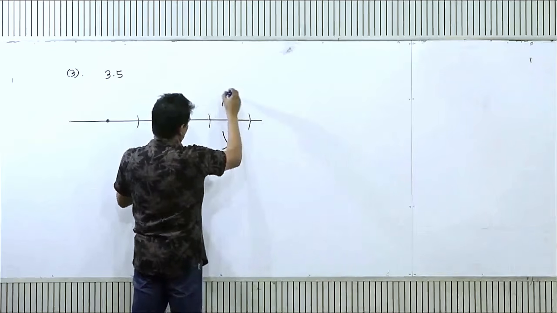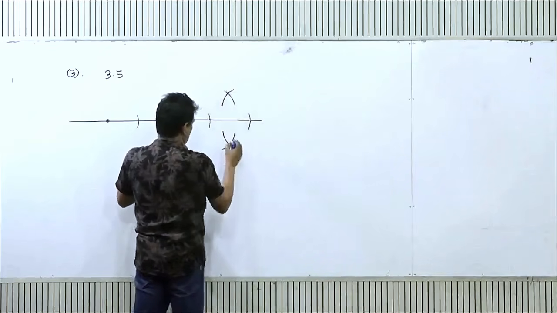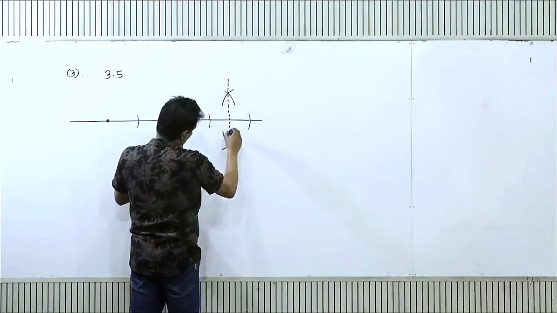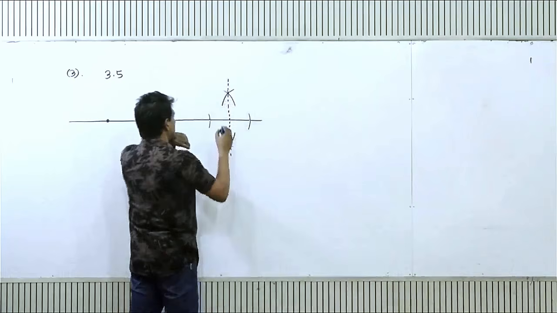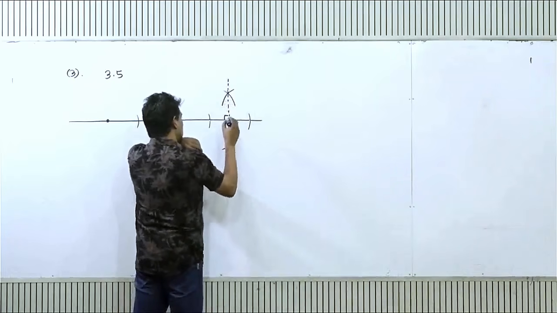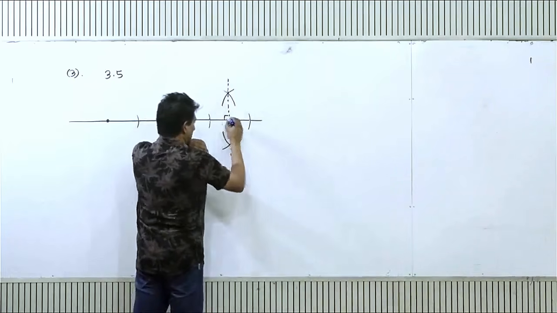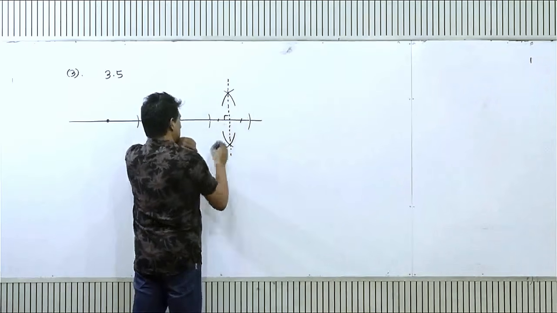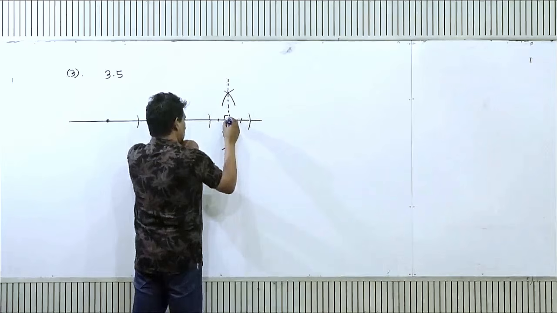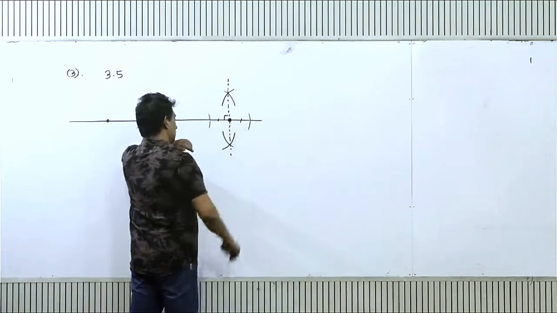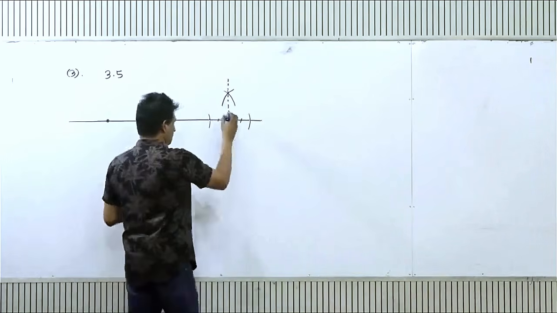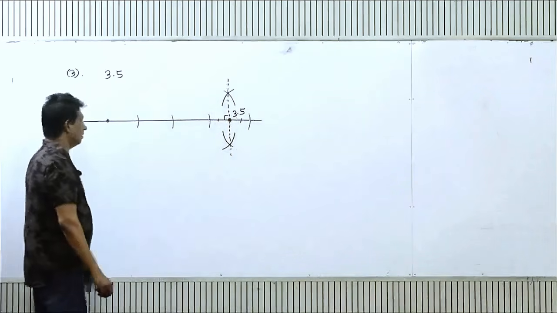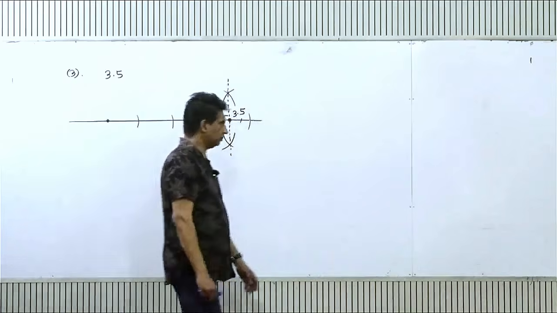Then you join this intersection point and this intersection point by a straight line. Then this straight line is perpendicular to this straight line. This distance is equal to this distance. Then this is the point we are looking for. This point represents 3.5.